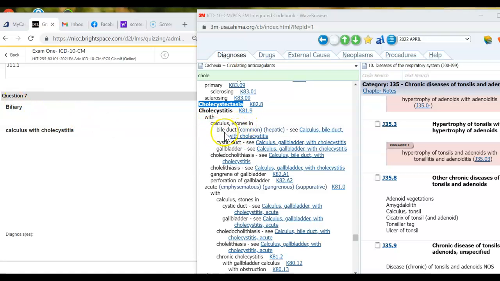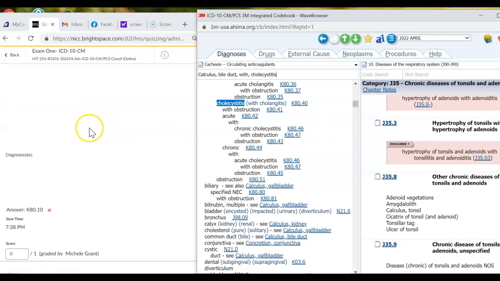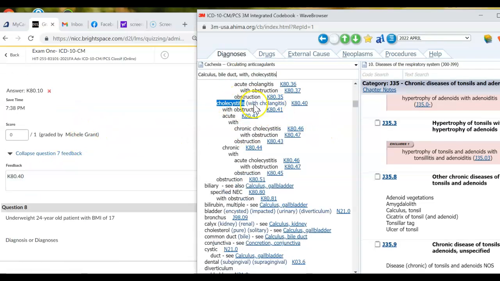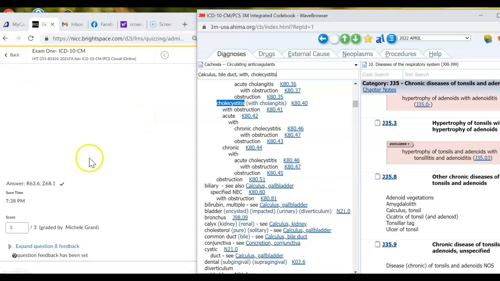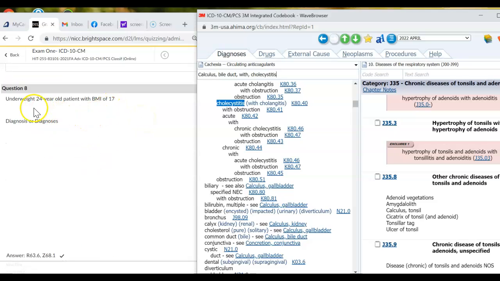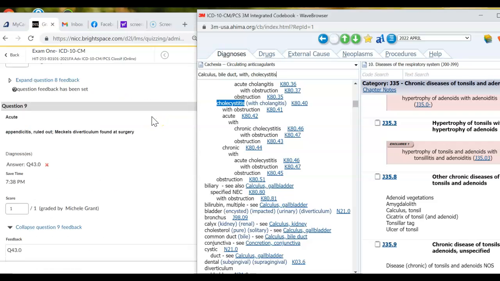We know that was in the bile duct. That's where I'm going to go. Okay, and right there it takes me down to K80.40. Right. This one here wasn't a big deal. I needed to code the underweight, and then I also needed to code the BMI, body mass index.